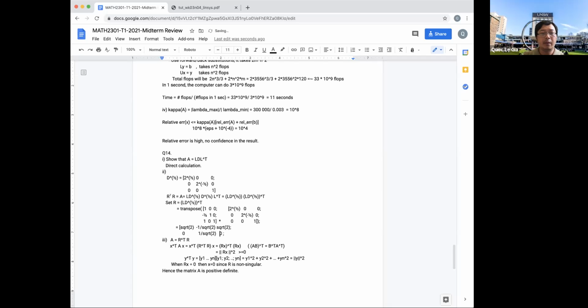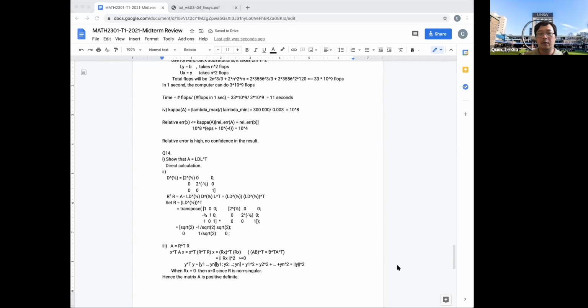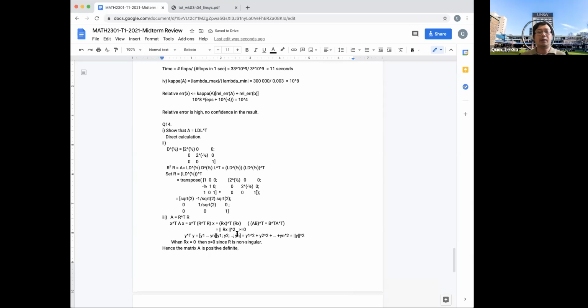I just cut and pasted this from the MATLAB output. And the last row is just 0, 0, 1. So you see the matrix R is upper triangular and all the diagonal entries are non-zero and positive.